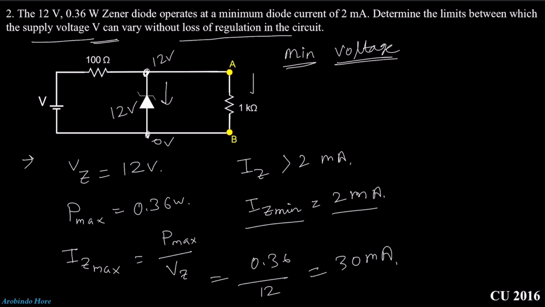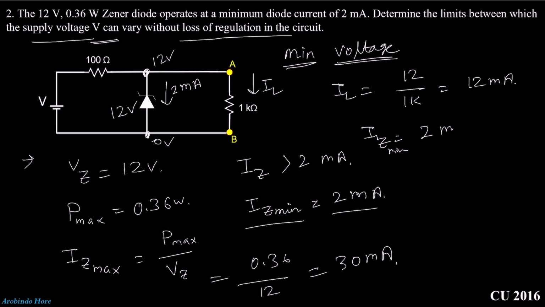So this is the load current, and we can write the load current is 12 volt divided by 1K, equal to 12 milliampere. And they told us the Zener diode will turn on for the minimum current of 2 milliampere, that means IZ min equal to 2 milliampere.